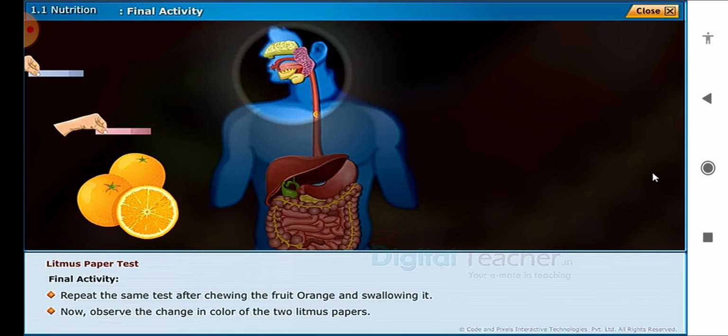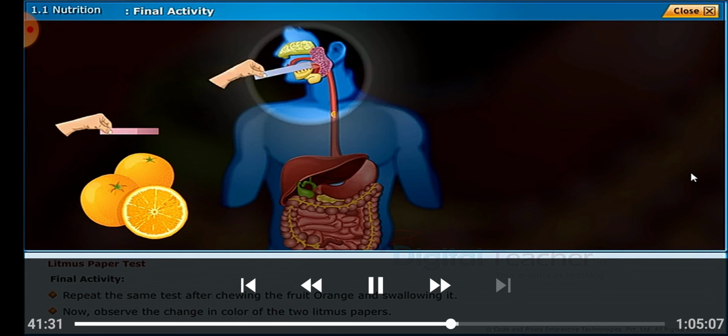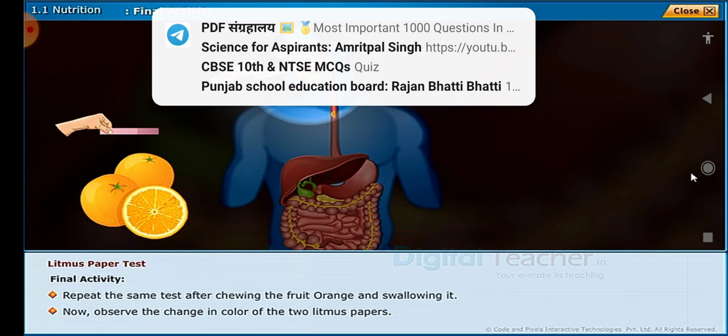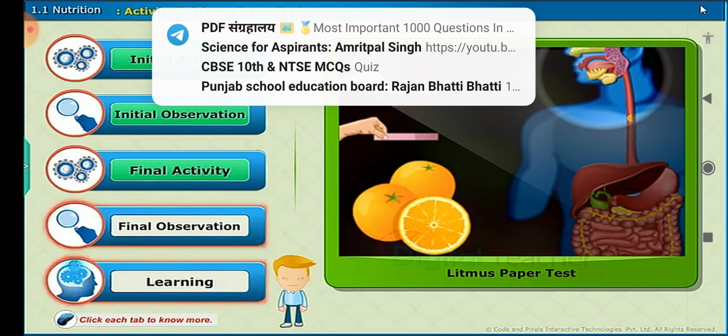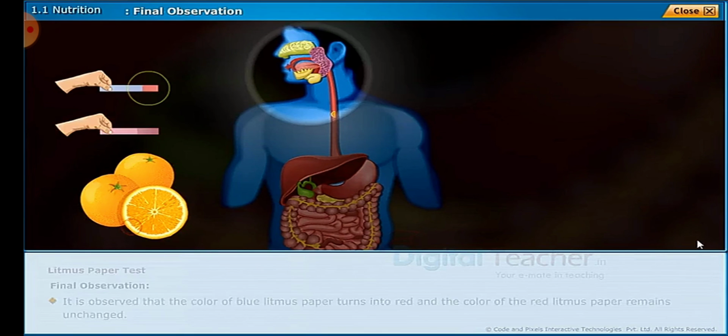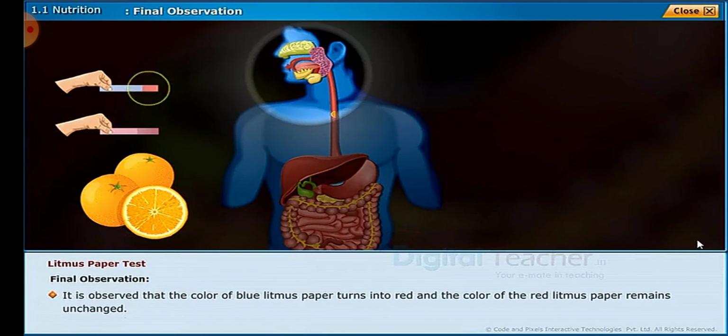Now observe the change in color of the 2 litmus papers. It is observed that the color of blue litmus paper turns into red and the color of the red litmus paper remains unchanged.